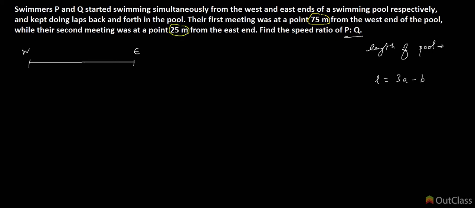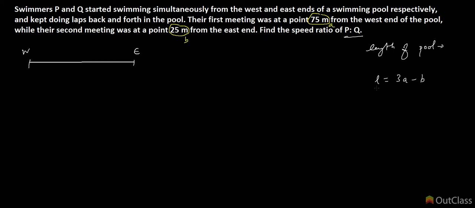This is a somewhat cliched question type in CAT prep material. The distance from one end for the first meeting is 75, and the distance from the other end for the second meeting is 25.